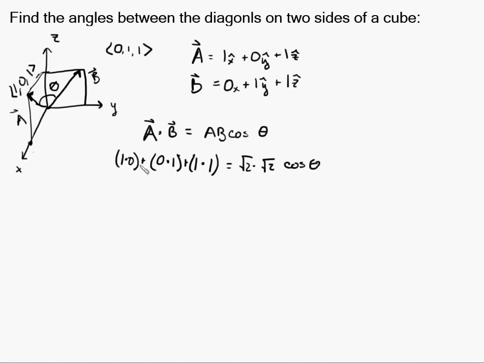Then these go away, and I just have 1 is equal to 2 cosine theta. So 1/2 is equal to cosine theta, and theta is equal to 60 degrees.